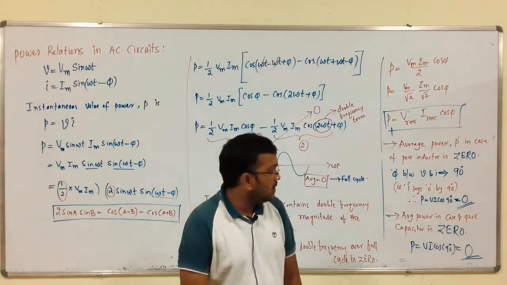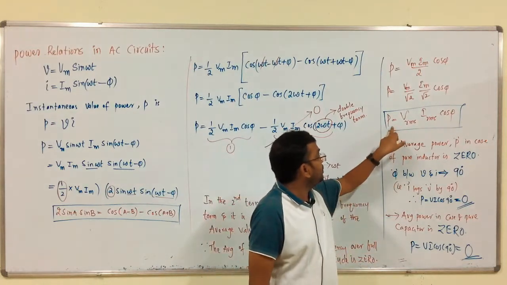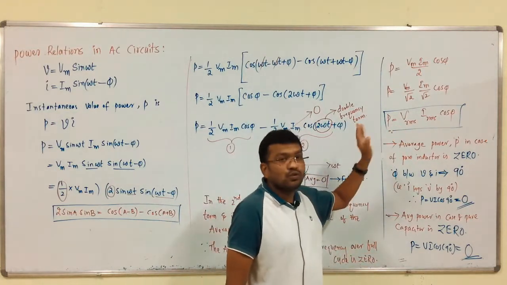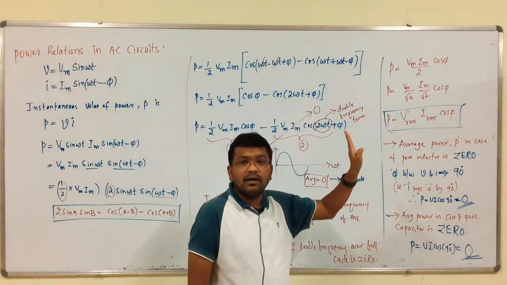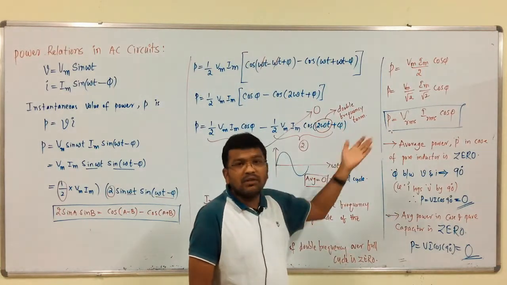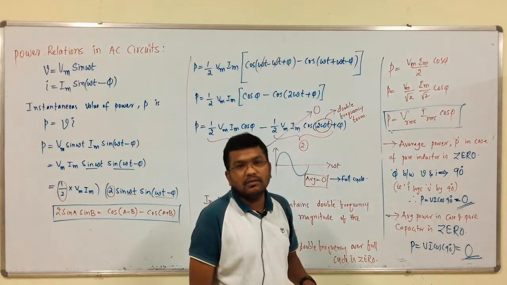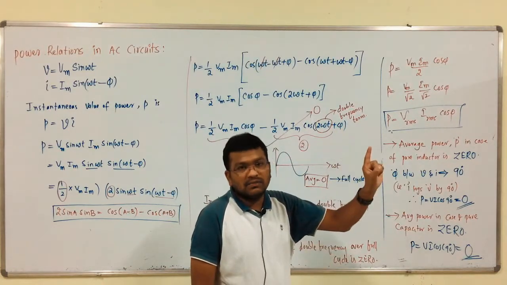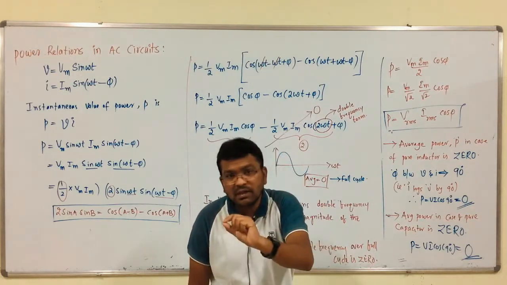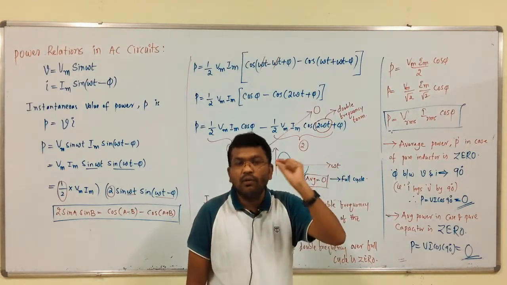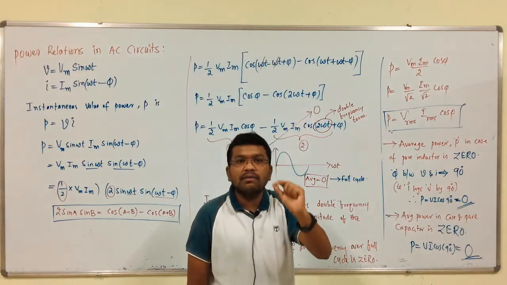Okay. This is the power, that is true power, active power, average power, RMS power, real power. These are the other names of this power. Simply, power means V I cos phi. Here V is the RMS value of voltage and I is the RMS value of current.